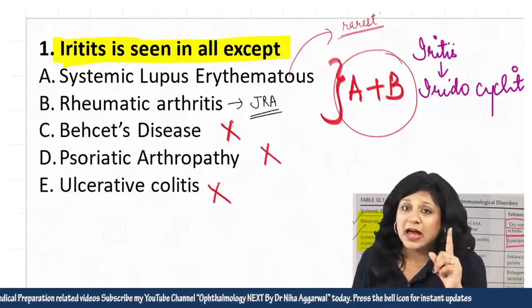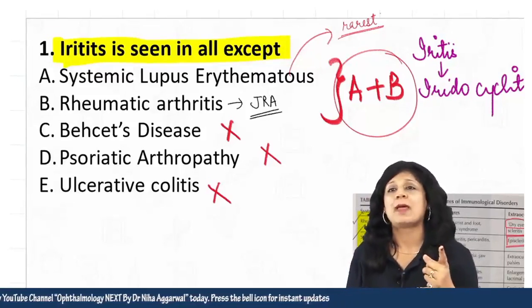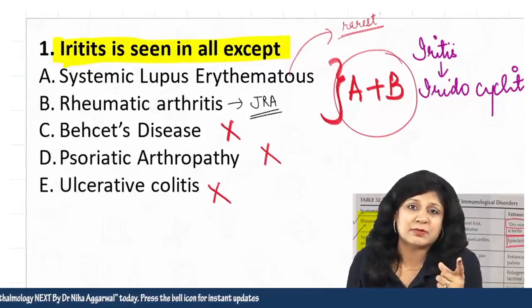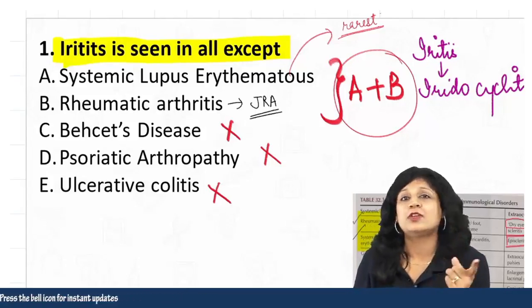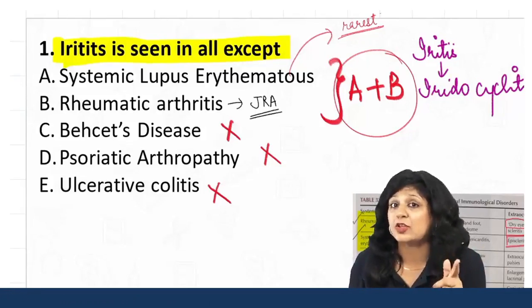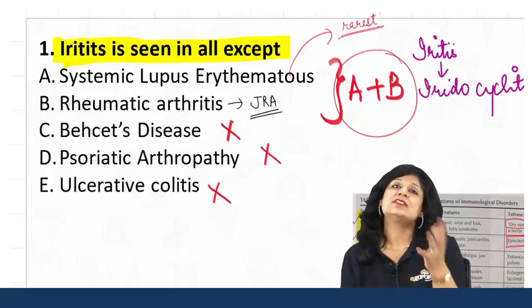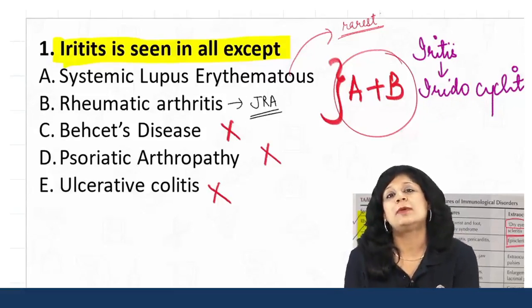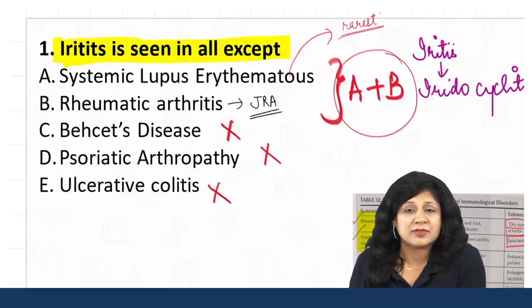If you have to mark one, because we do not know the exact scenario, but whatever we got from the maximum feedback, they said they were asking minimum two. So if minimum two, then your answer is SLE as well as rheumatoid arthritis. But if they had the option of one, I will go with SLE, because rheumatoid arthritis in juvenile form actually commonly shows you iritis. I hope everything is crystal clear.